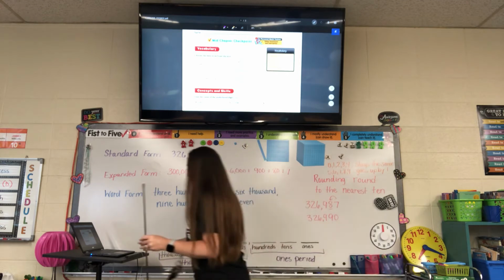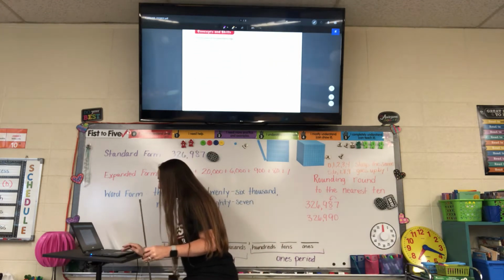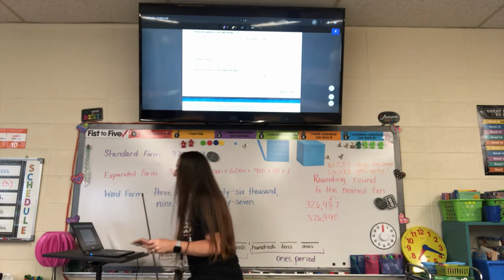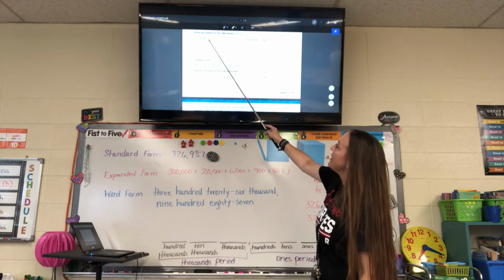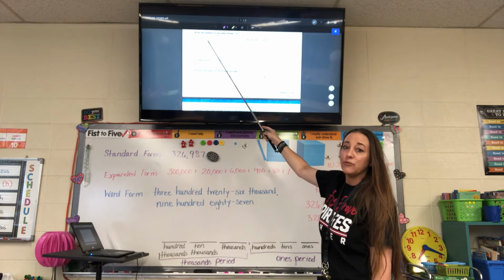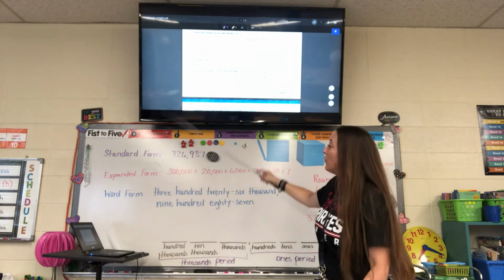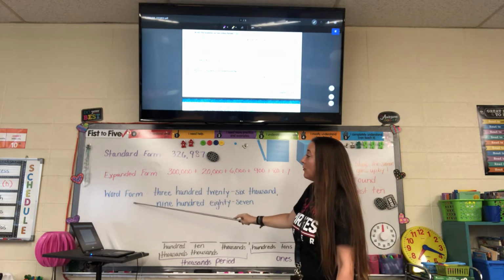Okay? The next part says write the number in 2 other forms. So on number 7, they've given it to us in standard form. What are the 2 other forms? Expanded form and word form.